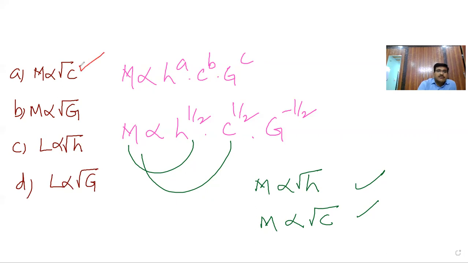M is directly proportional to root C, correct, because this is correct. And M is directly proportional to root G is not given, it is not directly proportional, so it is not a correct one.